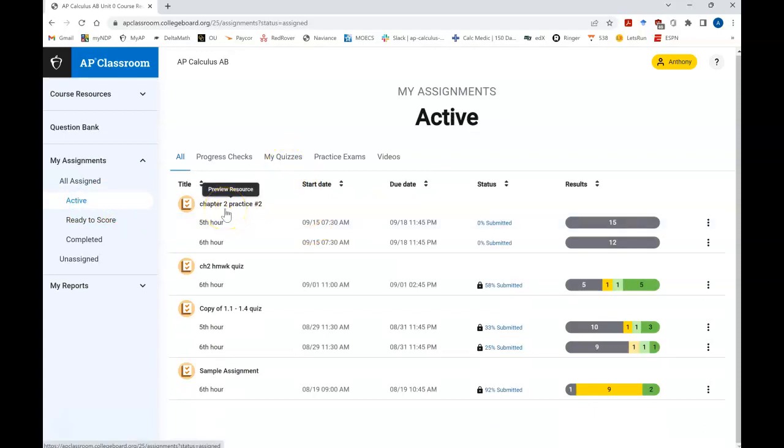So, as I had said here, I made some more practice multiple choice questions. This is just like a normal homework assignment. This is not a big deal. The due date I made for the 18th. Is that Sunday?